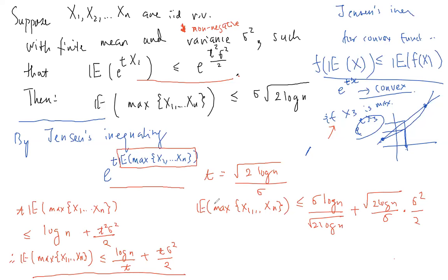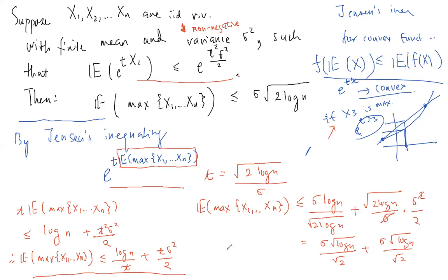So basically it's just substitution. So you cancel this, and in this part you get sigma square root of log n over square root of 2 plus sigma square root of log n over square root of 2.